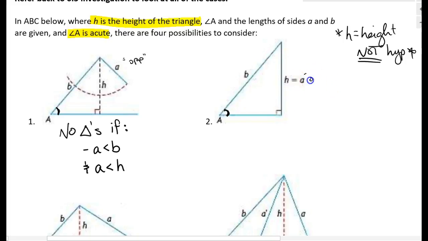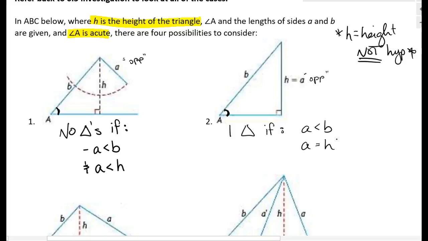For this particular case, it is a right triangle, and that's because the height is always going to form 90 degrees. It's always the shortest distance. It's going to be perpendicular. So in this case, one triangle if A is smaller than B and A is equal to the height.